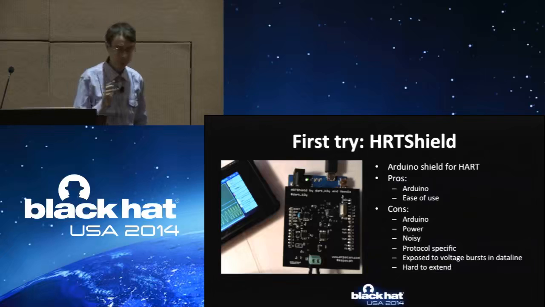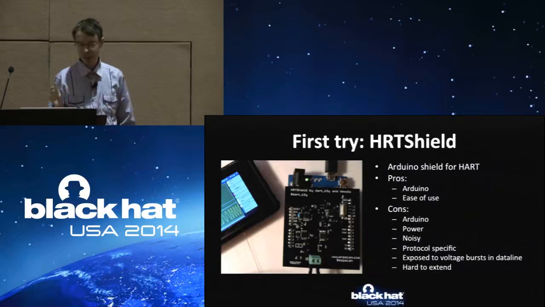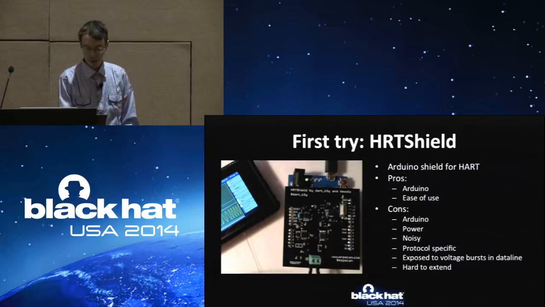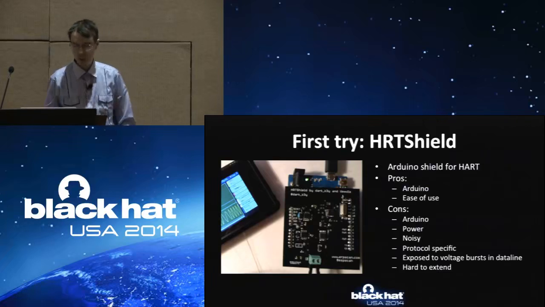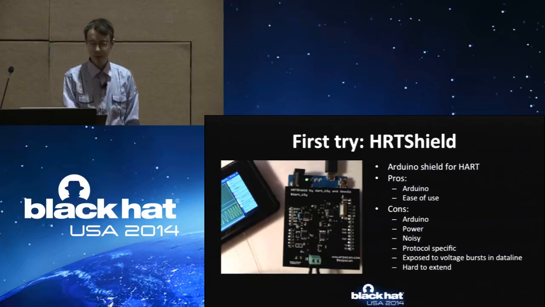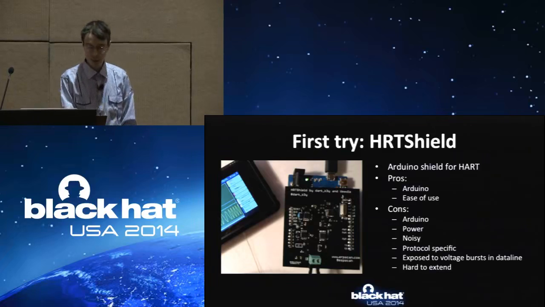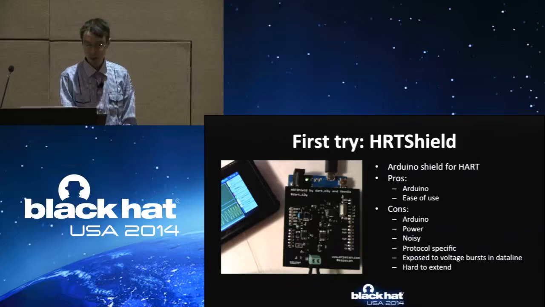My first try to develop such a tool was done while I made my HART research. I've made an Arduino shield for HART, but it had some problems. It was noisy, exposed to high voltage bursts that are usually in industrial low-level data lines. It supported only HART protocol and was hard to extend.